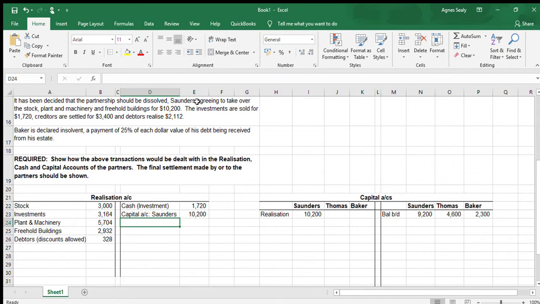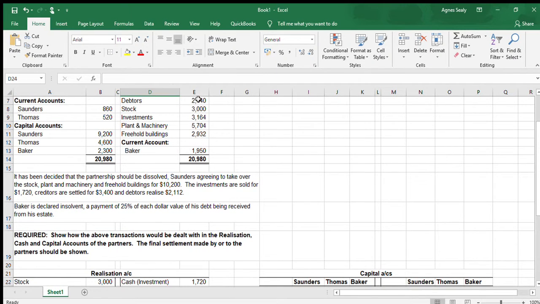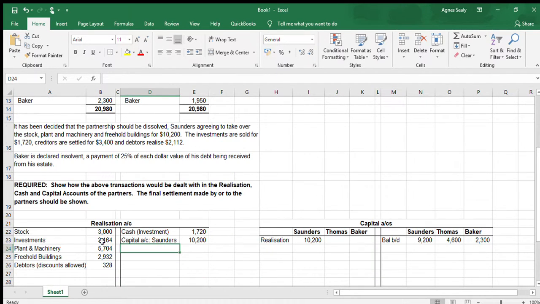So we have taken care of the assets at their book value by debiting the realization account for the amount of the assets at their book value. We have taken care of the assets being taken over by Saunders at $10,200.